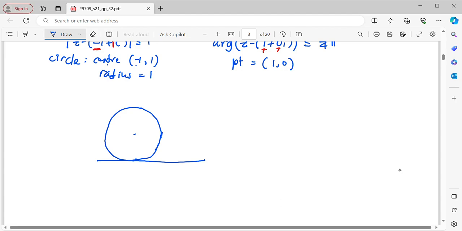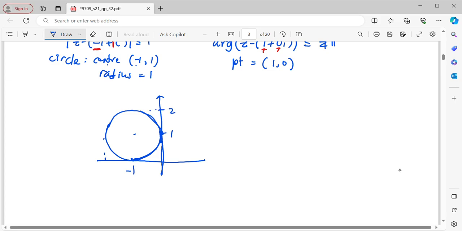Make sure you draw a smooth circle. Right, so now here is minus 1, this is 1, that means here is going to be 2.